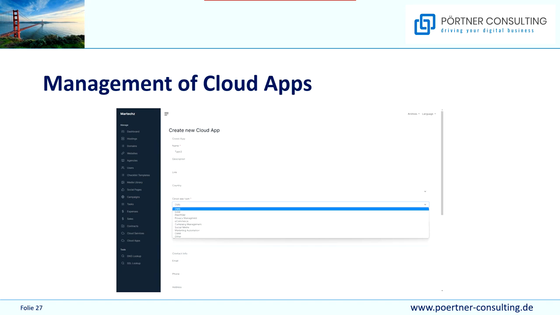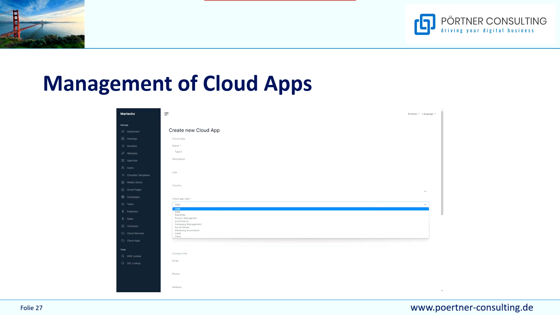Everything on the application perspective of cloud apps you can manage in MARTECHZ too. For example, your different content management solutions, or your different e-commerce solutions, or marketing automation, and so on.